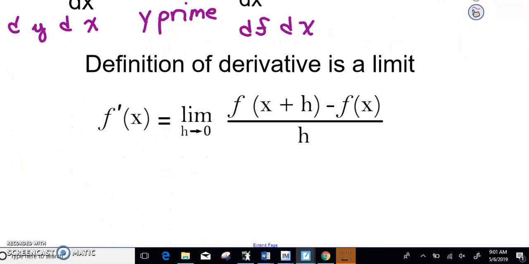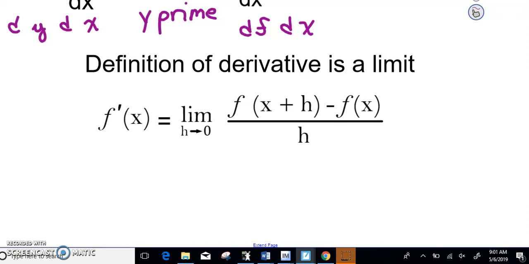And one of the first things you'll learn in calculus is that we have a definition for the derivative, and it is derived from a limit function. And so here we have f prime of x is the limit of f of x plus h minus f of x, all over h, as h approaches 0.